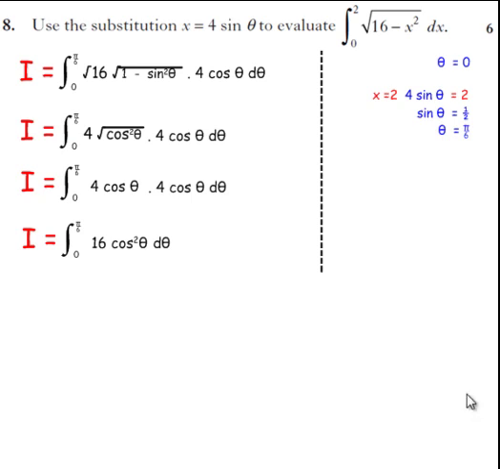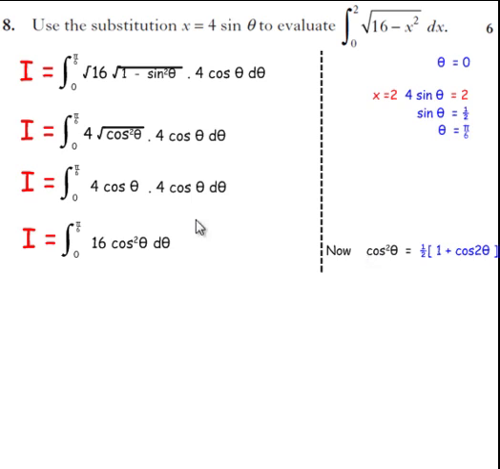Now, as this stands, we can't integrate. We can't integrate powers of cos or sine. We have to substitute for formulas with double angles. Cos squared theta is a half bracket 1 plus cos 2 theta.